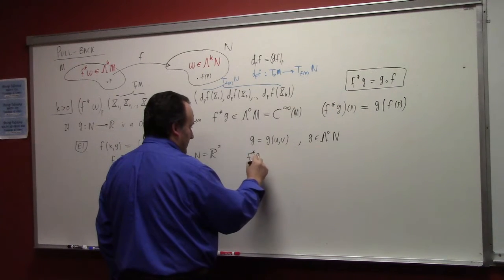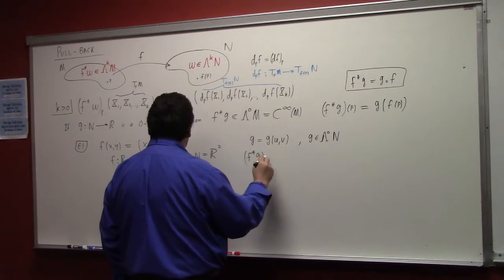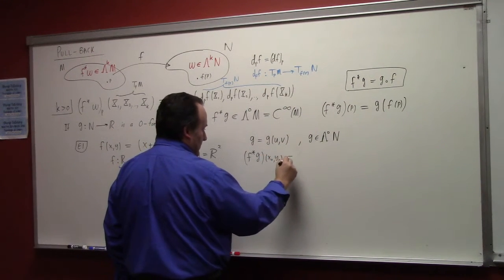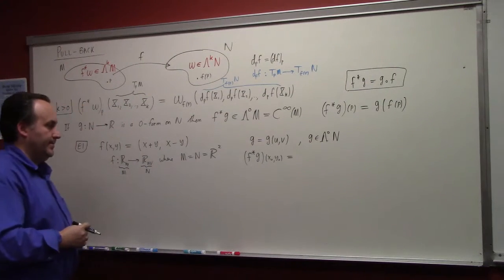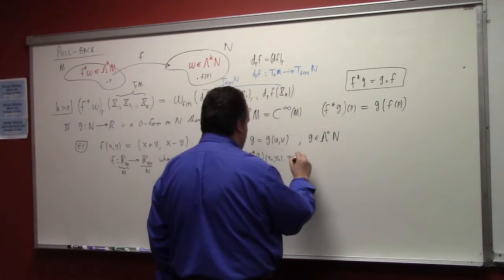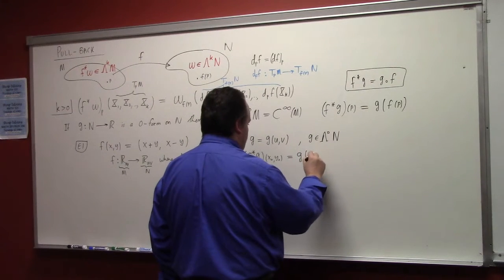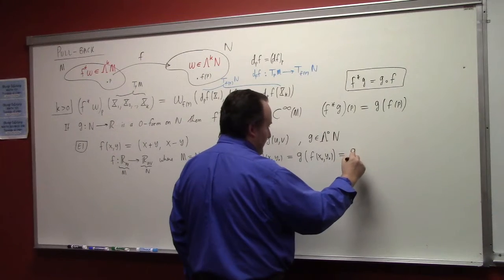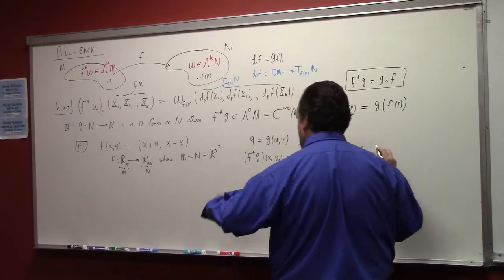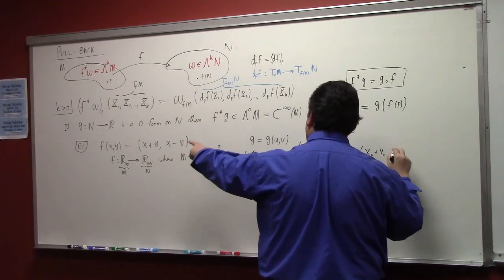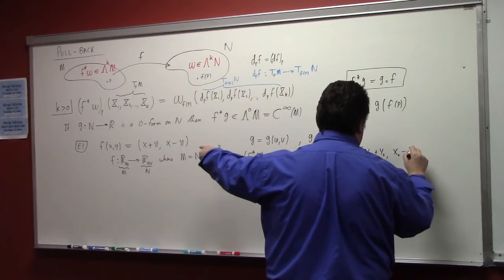The pullback of g at the point (x naught, y naught) would be g composed with f of (x naught, y naught), which would be g of (x naught plus y naught, x naught minus y naught).